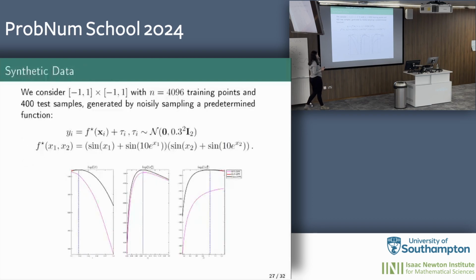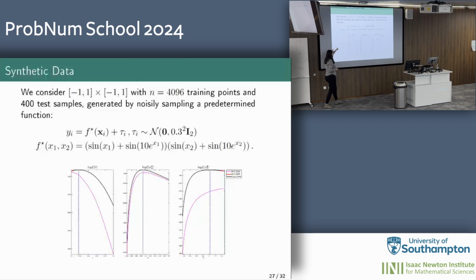Okay, so here, for example, just to show you the log likelihood learning, we have a synthetic example. You can see that the black line is the exact Gaussian process learning without any approximation.